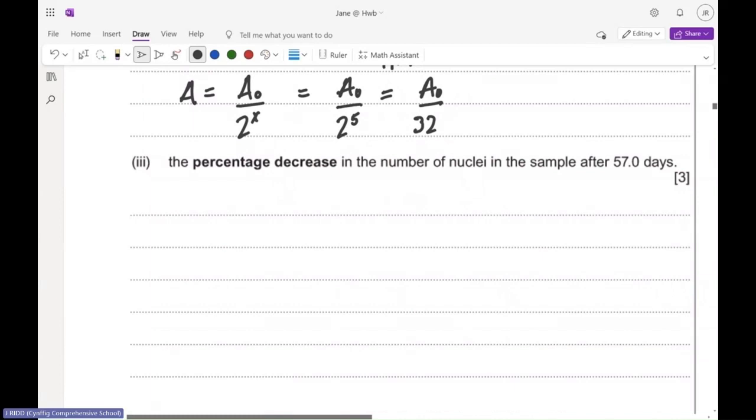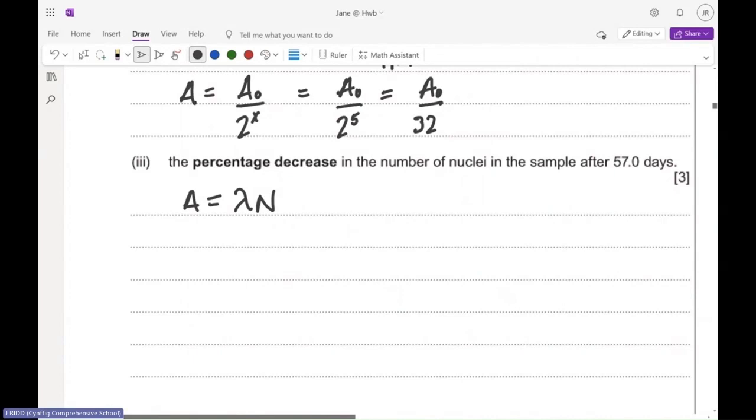The percentage decrease. Now that's really easy if we've done the last bit, because A is equal to lambda N, because the activity is directly proportional to the number, and we've got the constant in there. After 57 days, the activity has gone down by a factor of 32.